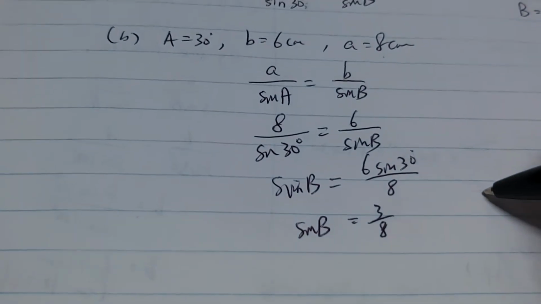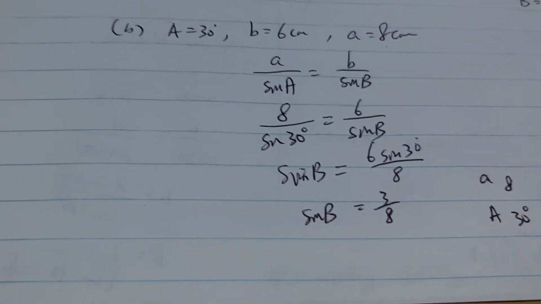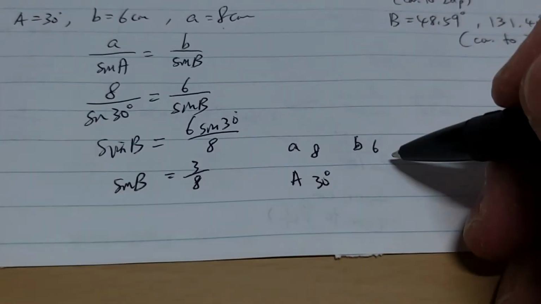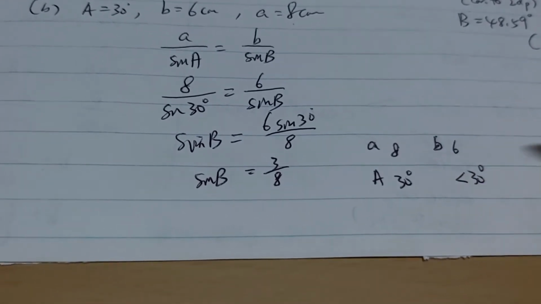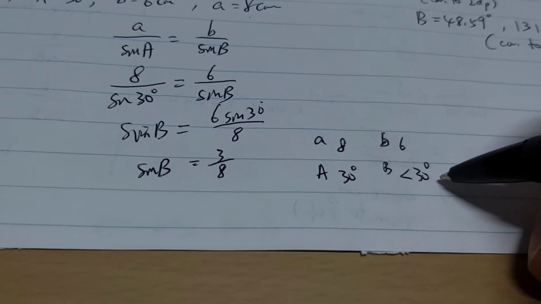Okay, analysis. Side A is 8. Angle A is 30 degrees. Side B is 6. This time the side is shorter, so the angle must be smaller. Angle B must be less than 30 degrees.